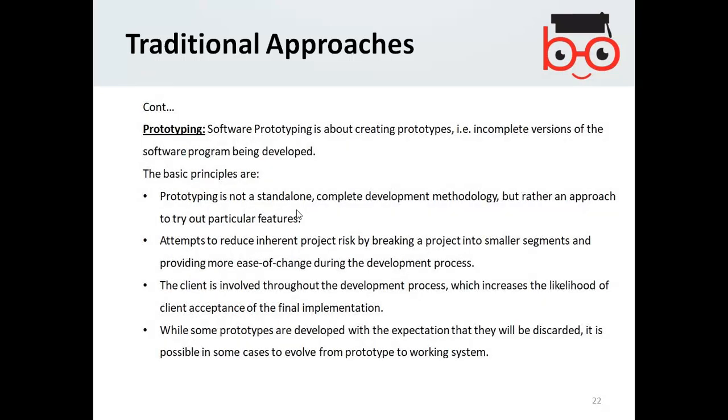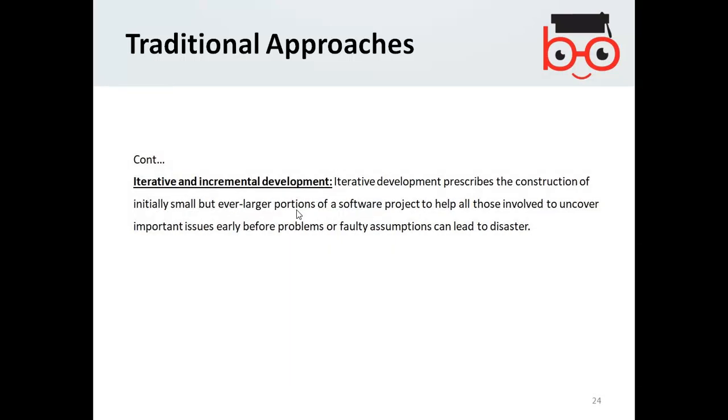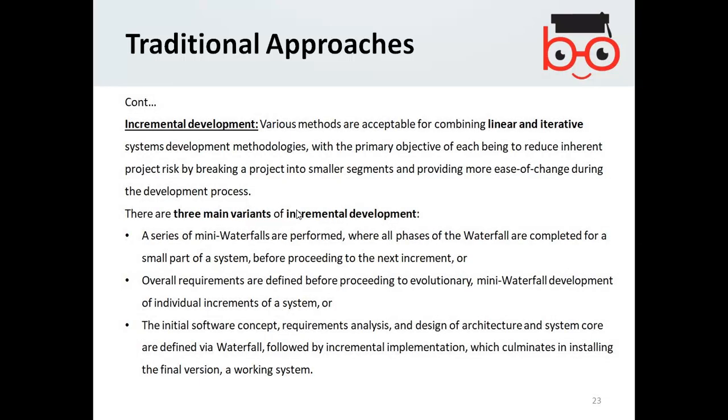So waterfall, prototyping, incremental, they are traditional approaches, methodologies that you select for software development. And obviously there are lots of programming approaches that are used by different software developers, and you follow those accordingly.